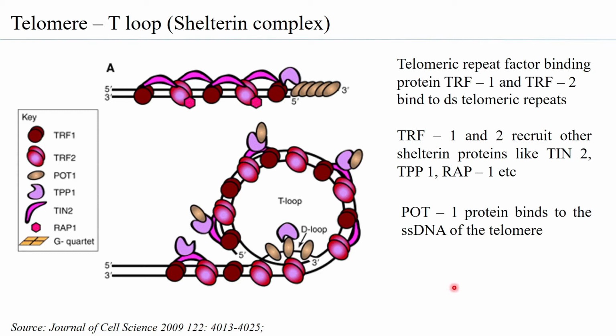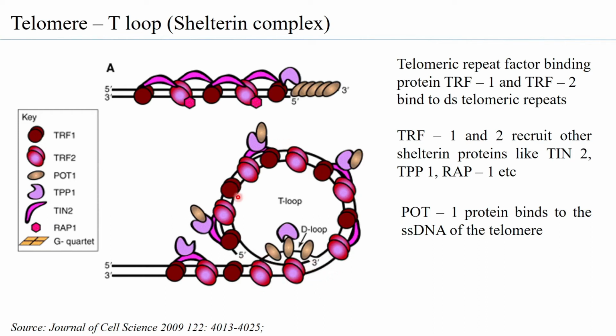So you cannot have any exonucleolytic degradation because now there is no free end. It is present within the telomere itself in the form of a loop. Interesting to note, therefore, this portion has 3 DNA strands at one point. So you have here an entire complex which has 3 strands at this point itself.